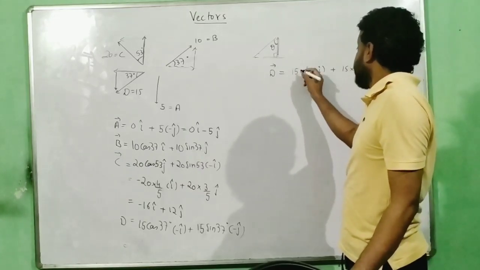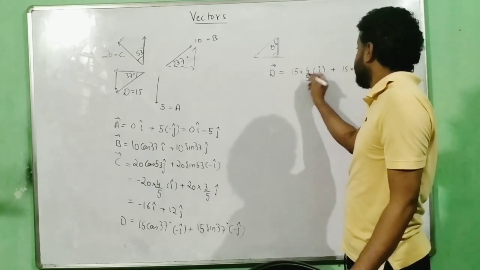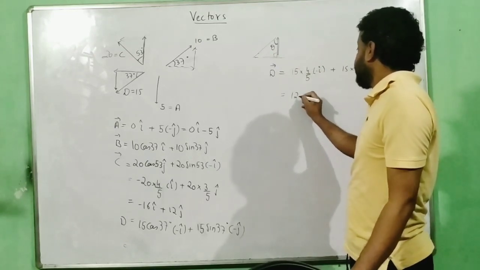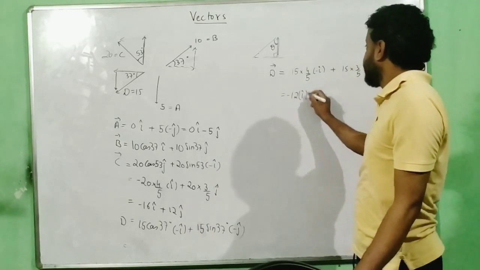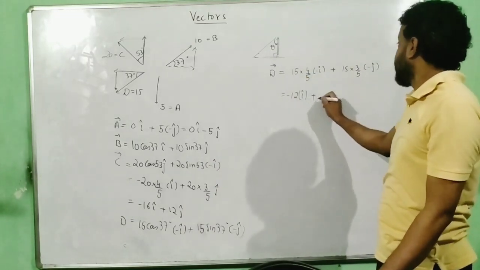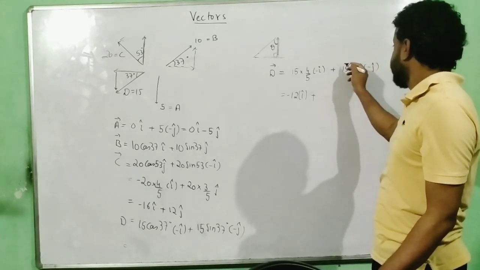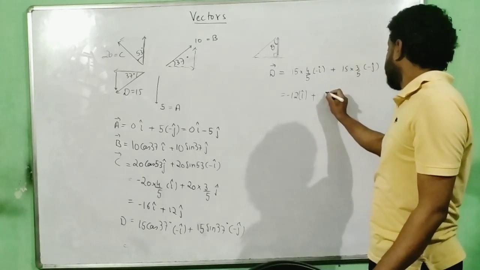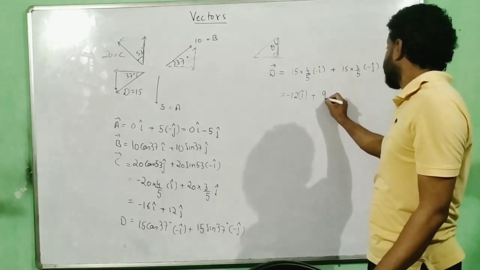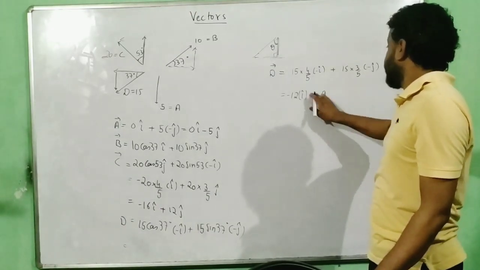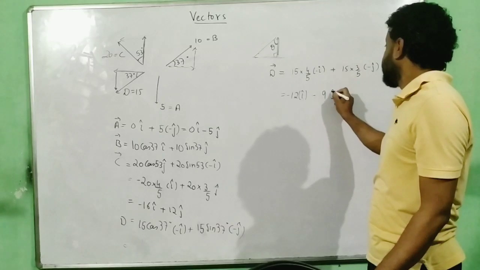So 5 and 15 will get cancelled, 3 times 4 is 12, so you will get minus 12 I cap, because this minus I can take out, plus 15 by 5 is 3, 3 times 3 is 9. So you will get minus 9 j cap.